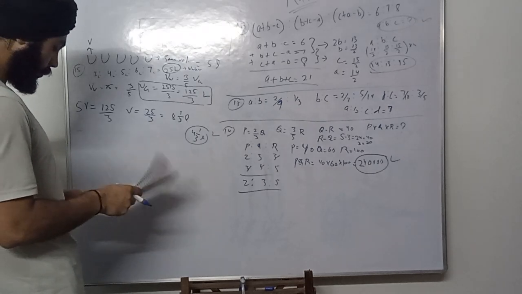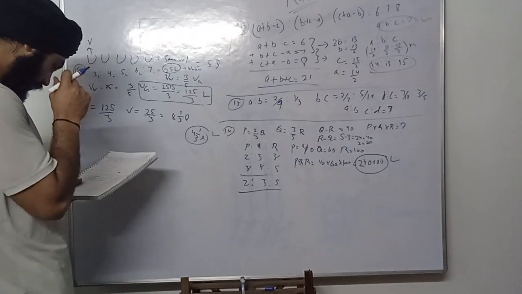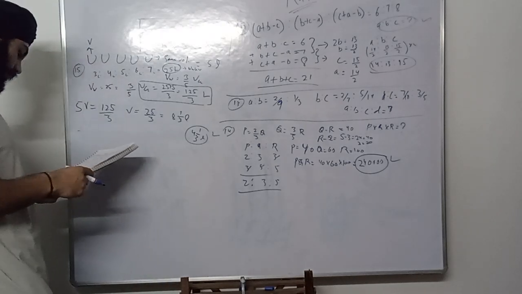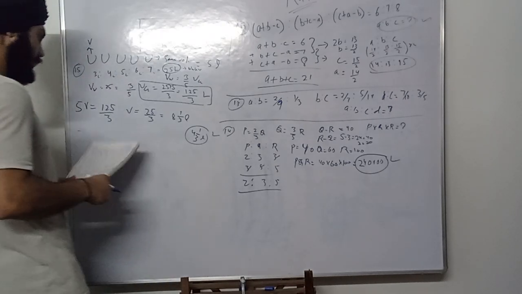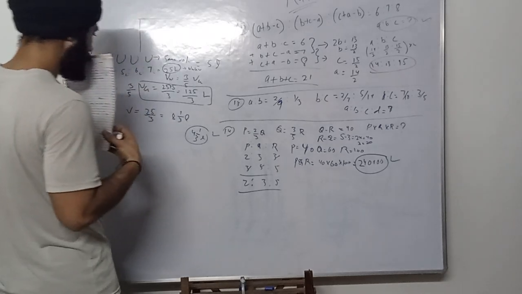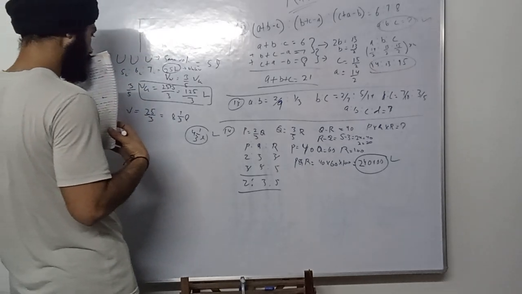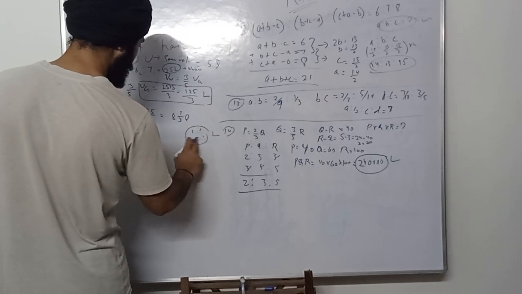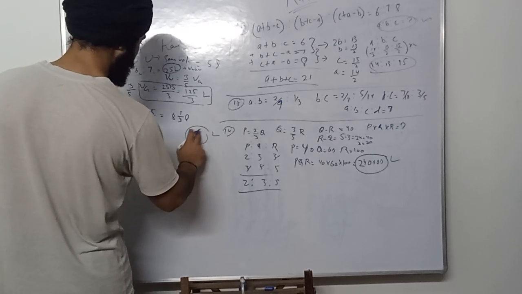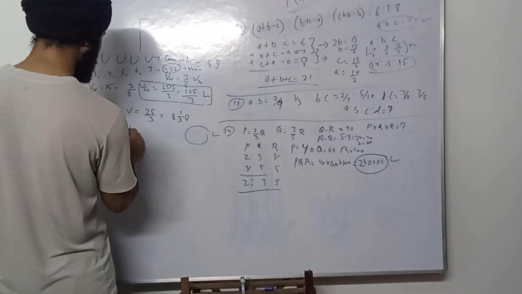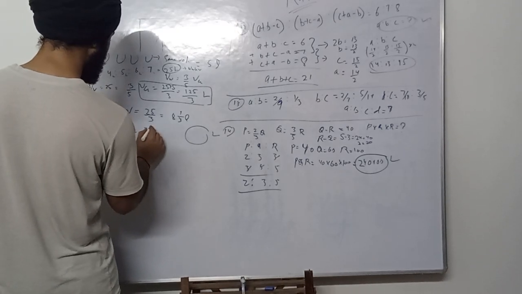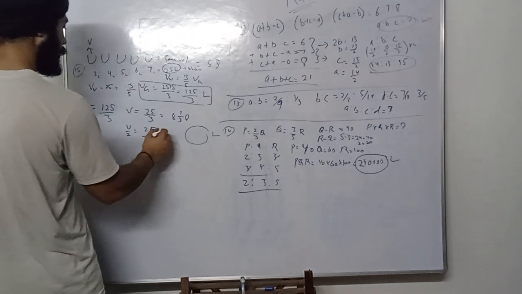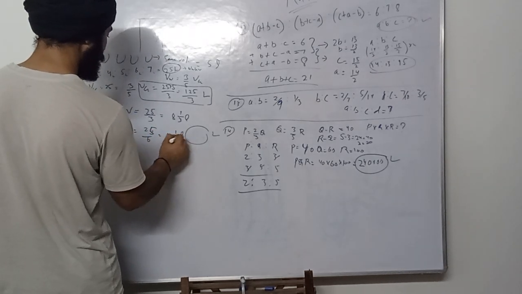So how are we going to find this? This 25 by 6, we need V by 2, which is equal to 25 by 6, which is 4 and 1 by 6 liter, since 6 fours are 24.